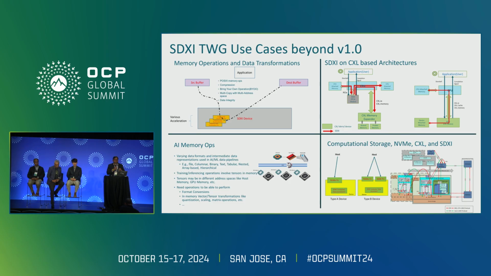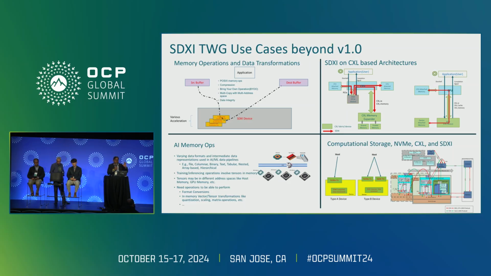So whether it is having a device with both an NVMe function and SDXI function, or using SDXI to move data from one device to the other device, to a memory pool, or just from one host to the other host. The picture on the top right is what I talked about earlier. The top left is all the different operations that you would do now that you have a memory data mover interface.